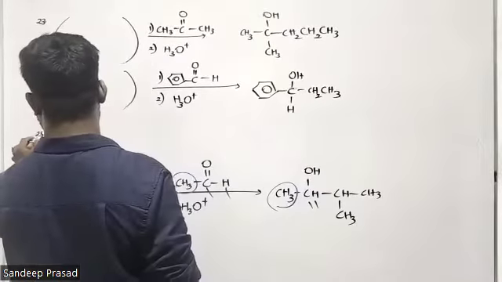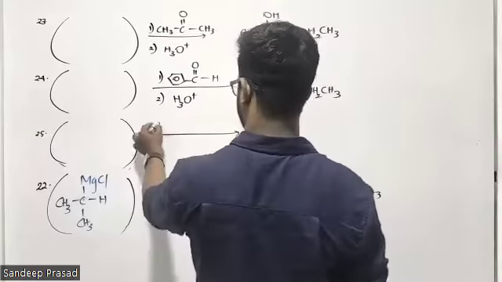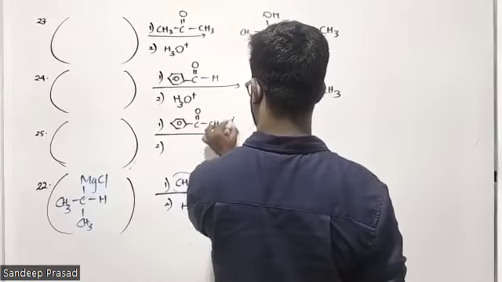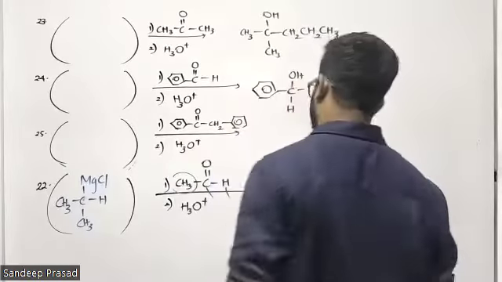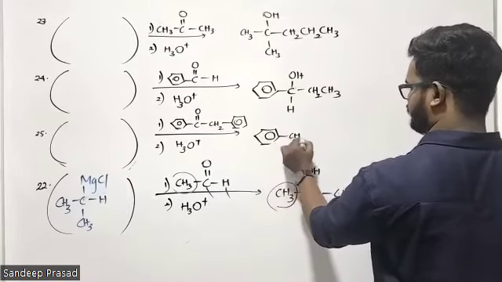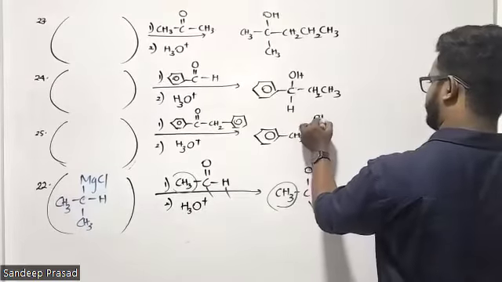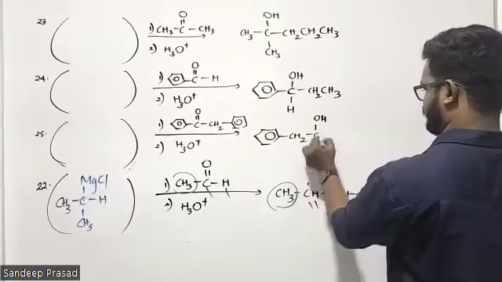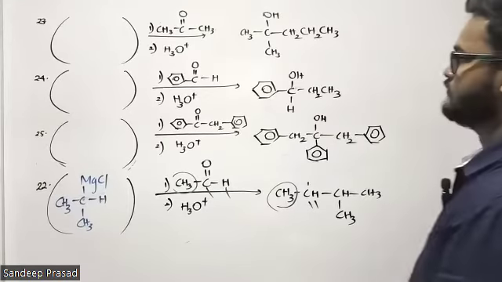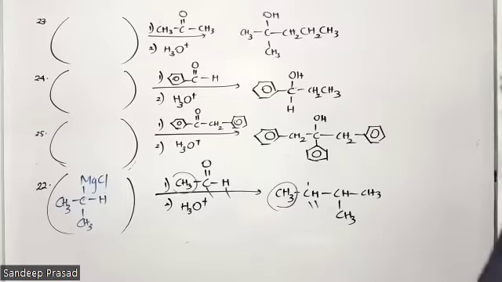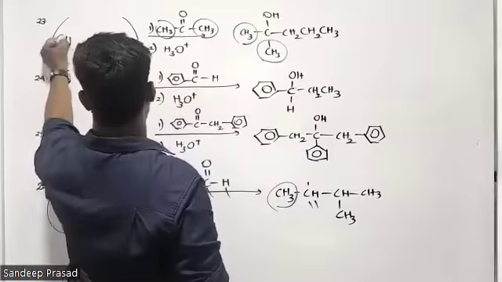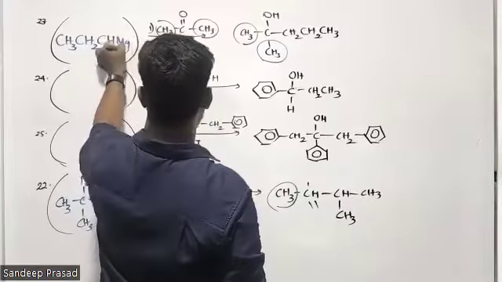Last one, 25. 23, we can see that methyl group here, two methyl groups are here. Then the remaining part is the Grignard reagent, CH3, CH2, CH2, MgCl.